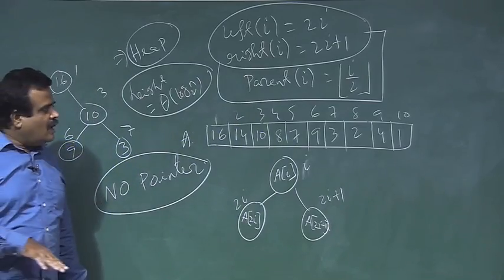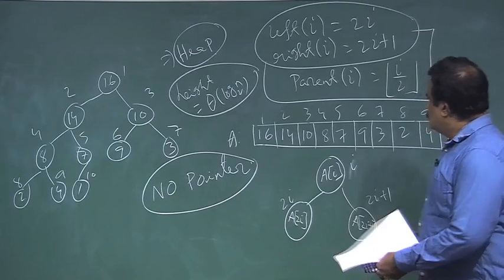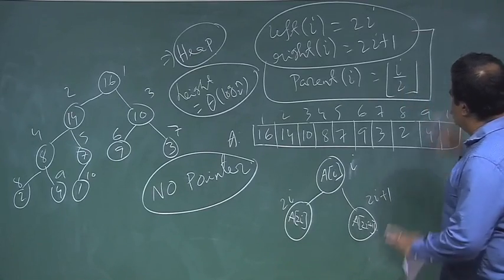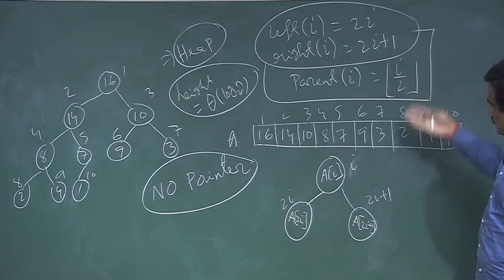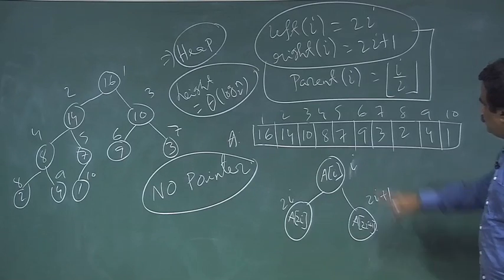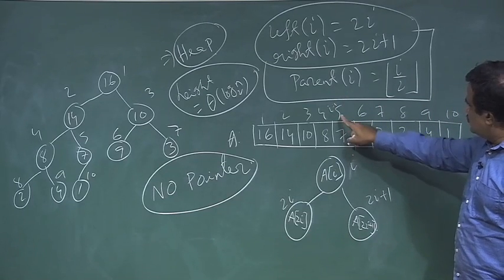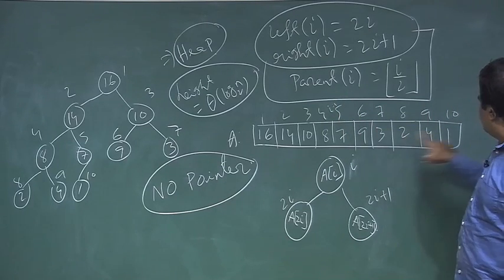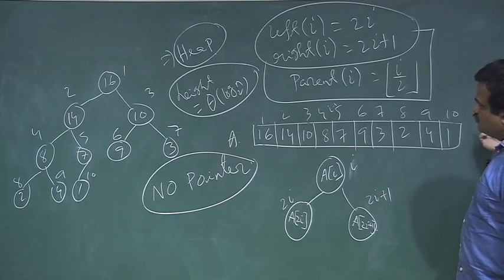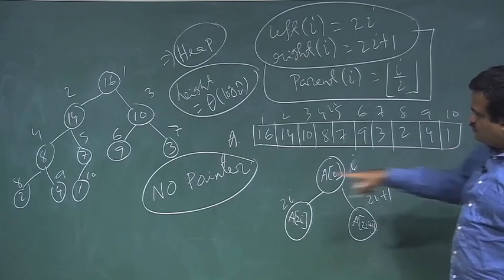Okay. Now, when do we call this heap a max heap? This is the way we have children. If you take this as I, then we know that the children are basically 2I and 2I plus 1. Here there is no 2I plus 1, so this 7 has only one child, which is 1.